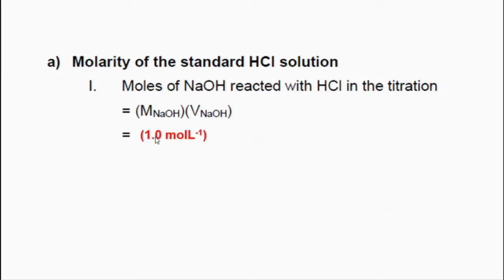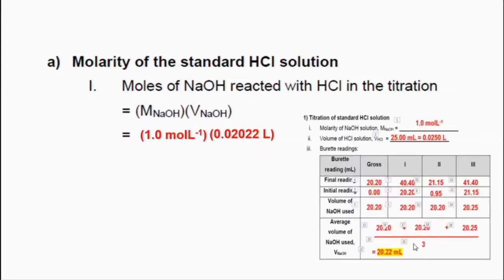So in this case, 1 mole per liter, the molarity of the sodium hydroxide used in the titration, multiplied by 0.02022 liters. For those who are still wondering where I get this value from, it is from the average volume of sodium hydroxide used in your first titration, part A, and then I just convert it from milliliters to liters.